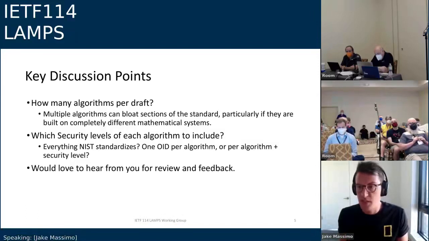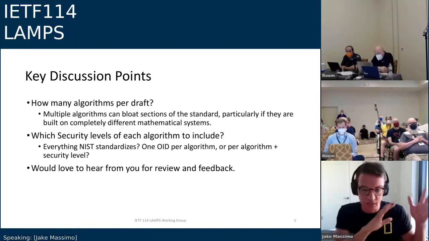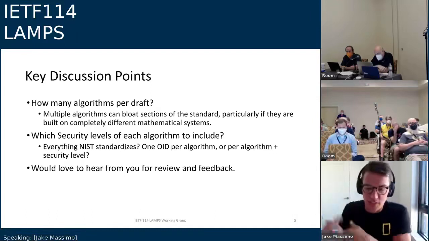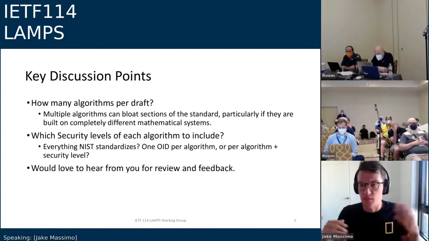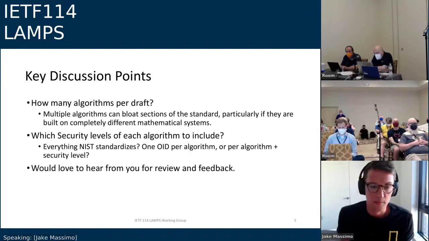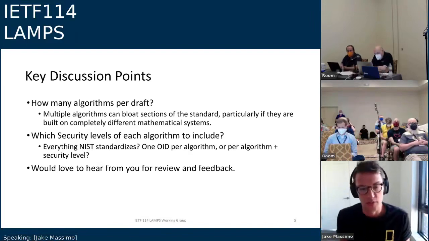You could imagine talking about the detailed intricacies of lattices and then also hash functions, and it could be confusing as to which security consideration is talking about which algorithm for people that are less familiar with them. So right now we're thinking one algorithm per draft, and another question is, which security levels should we include?